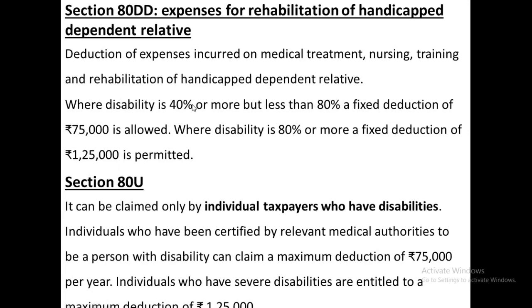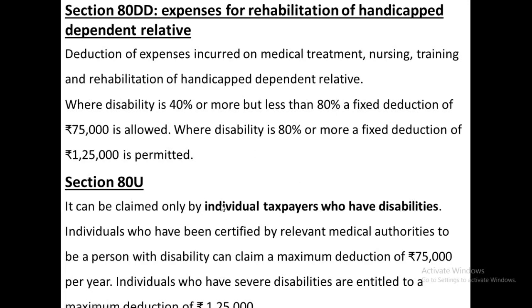So if the disability is 40% or more but less than 80%, he can claim 75,000 as deductions. If the disability is 80% or more, he can claim 1,25,000 as deductions. Section 80U can be claimed only by individual taxpayers who have disabilities.